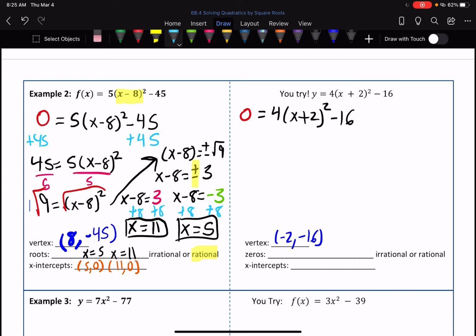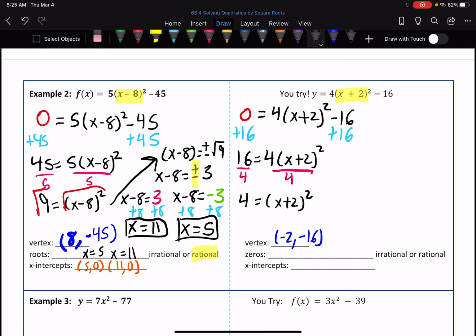First thing I want to do is add 16 to both sides. So I have 16 equals 4 multiplied by (x plus 2) squared. And I want to isolate this (x plus 2) squared, so I need to divide both sides by 4. So I'm left with 4 equals (x plus 2) squared. At this point, we're on to step 3 of solving by the square root method, which is taking the square root of both sides.